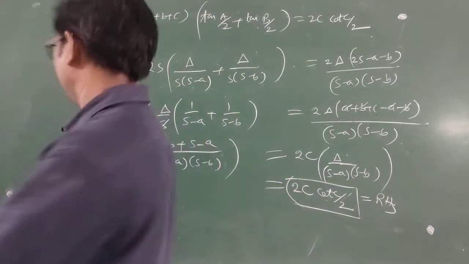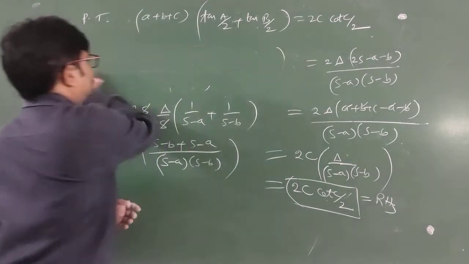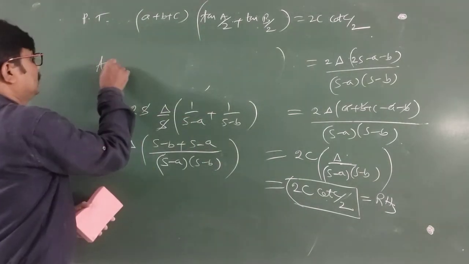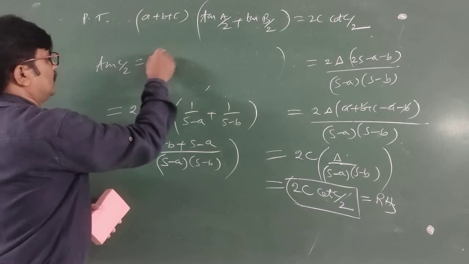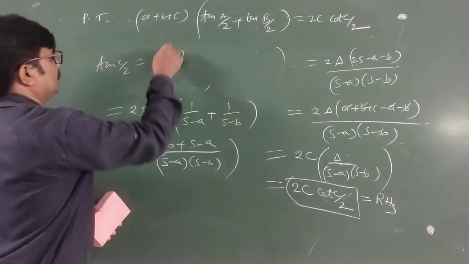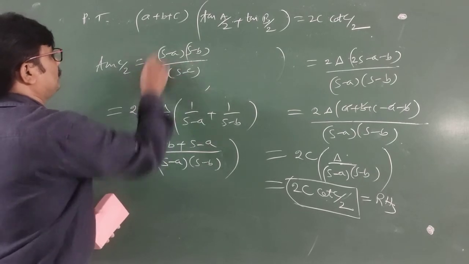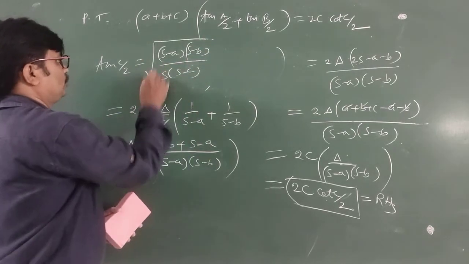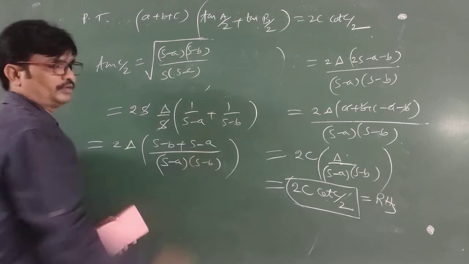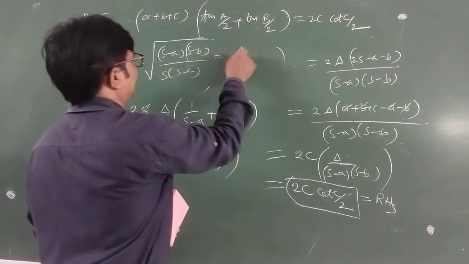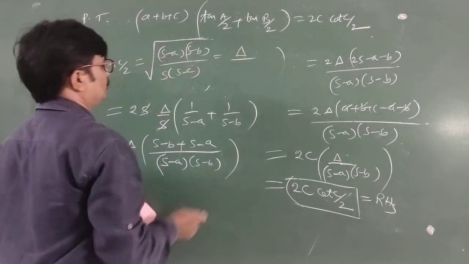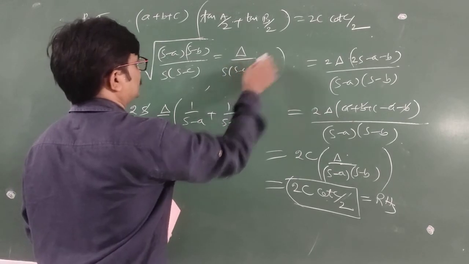Okay. So dear students, we have to know the form of tan C by 2. The tan of C by 2 is the under root of s minus a into s minus b over s into s minus c. Suppose we take the delta in the numerator, that is s into s minus c.